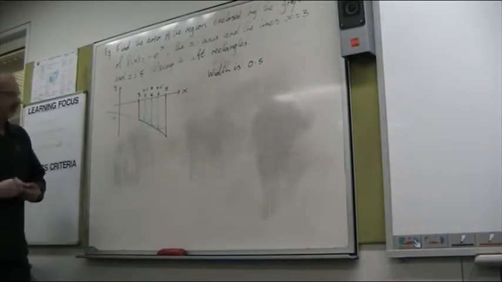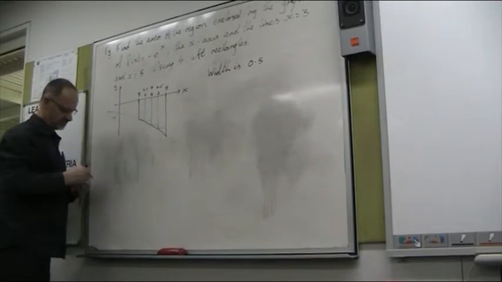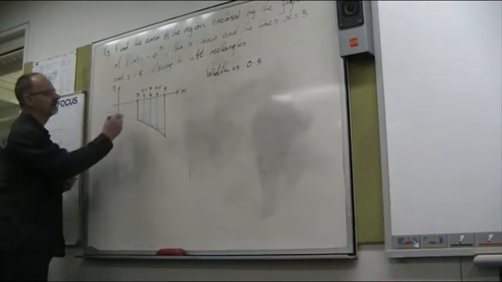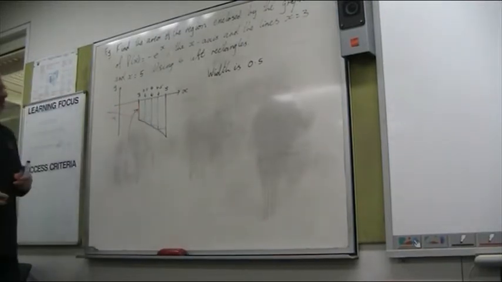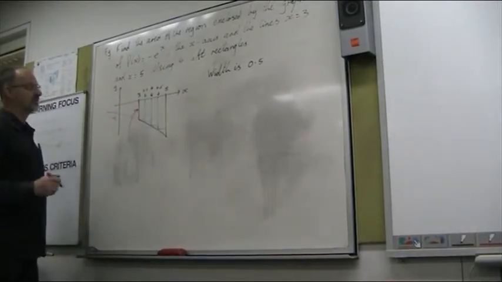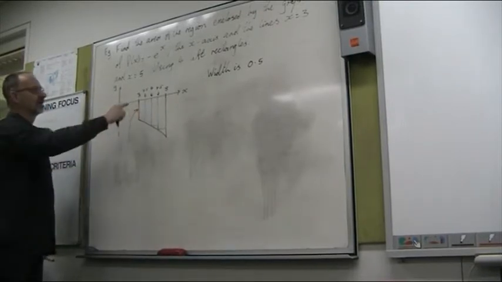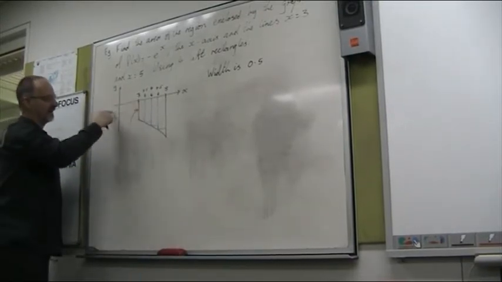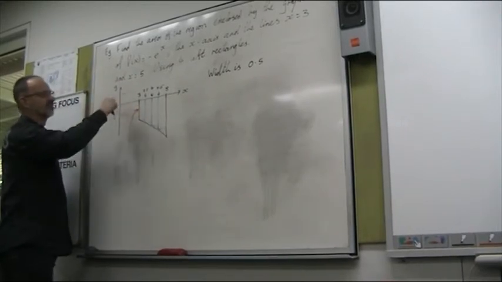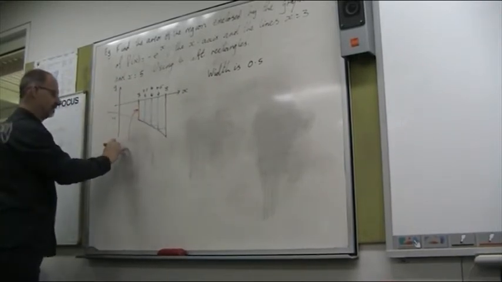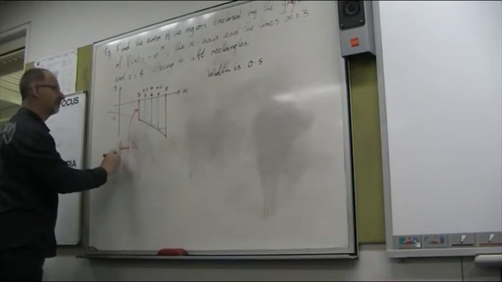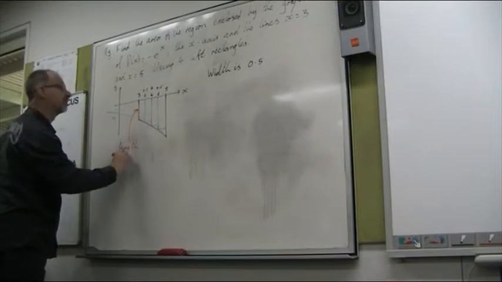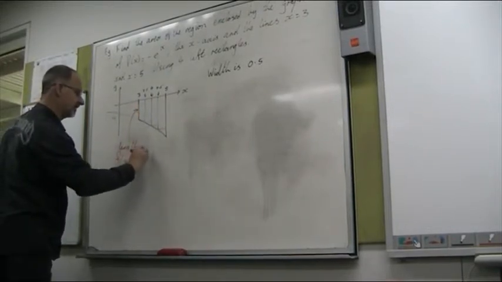So this length here depends on 2 things: the x value and the curve. So that length there is f of 3, which is negative e to the 3.